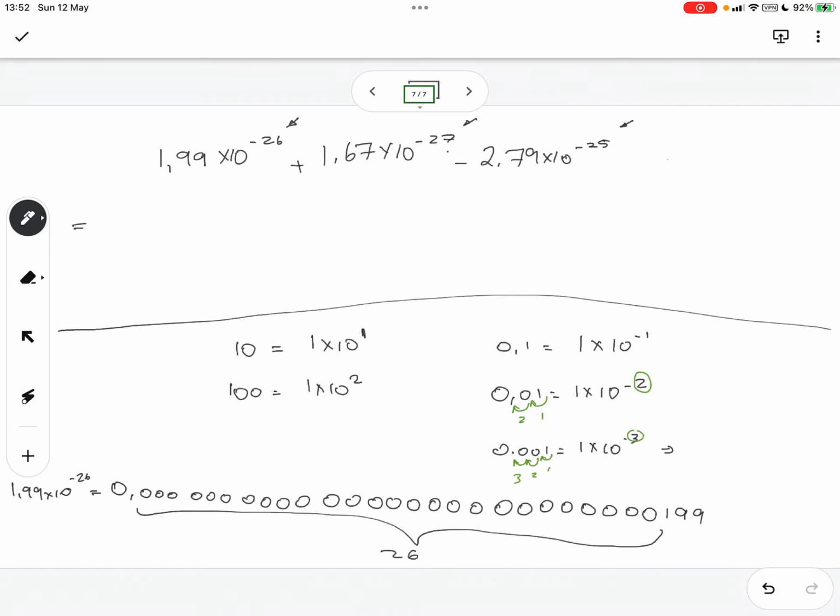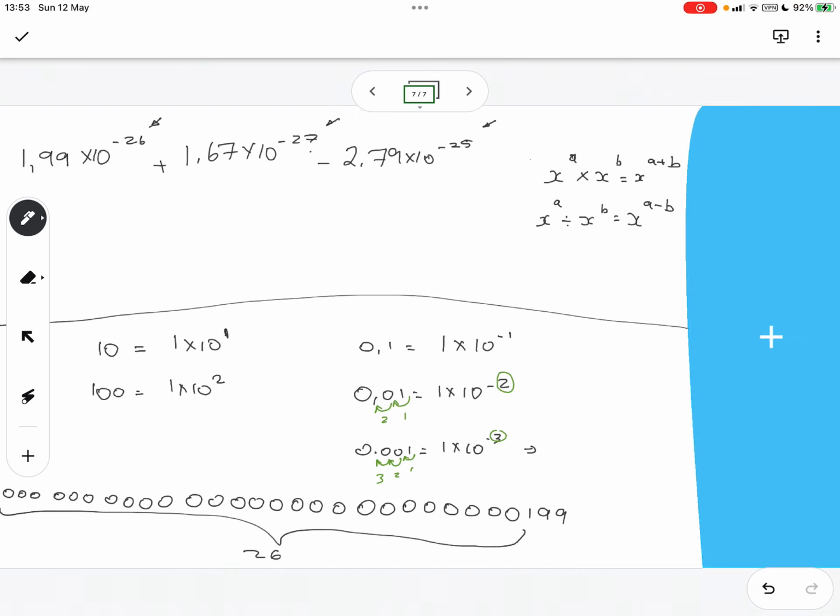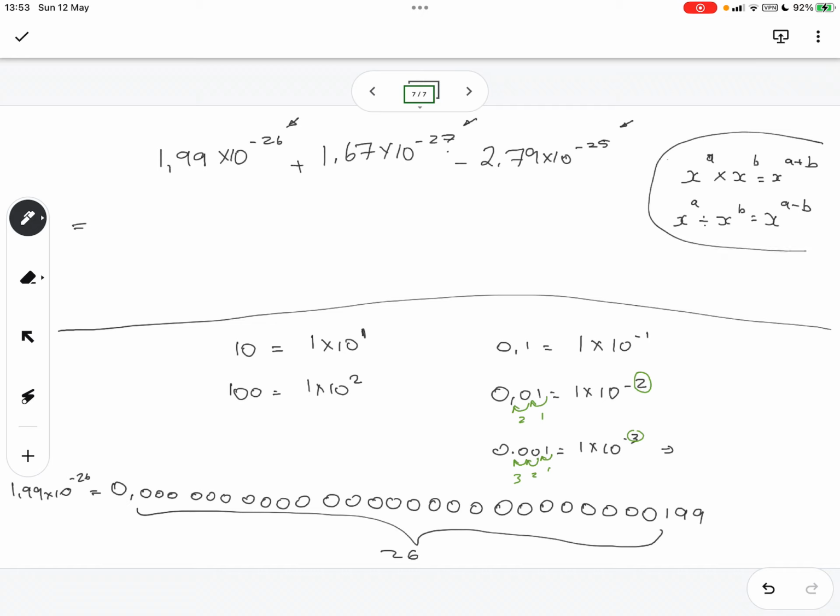Remember, when you have x to the power a times x to the power b, it's the same as x to the power a plus b. And when you have x to the power a divided by x to the power b, it's the same as x to the power a minus b. So let's keep this in mind.